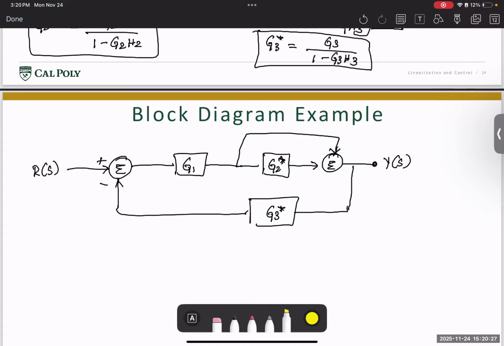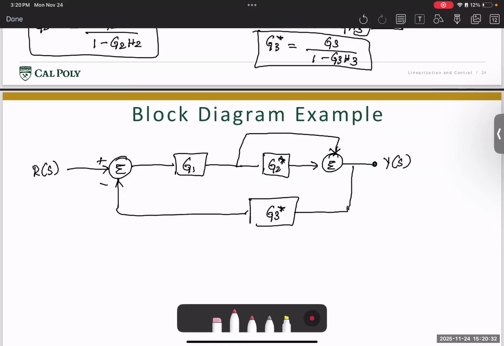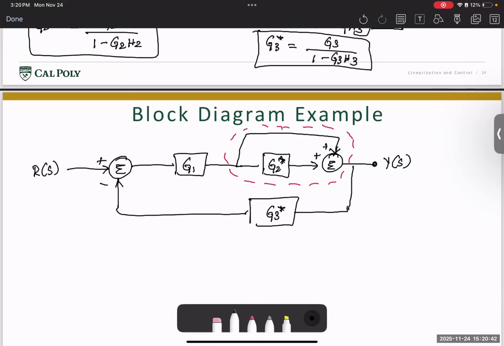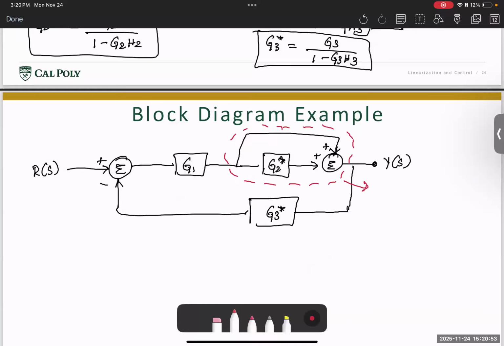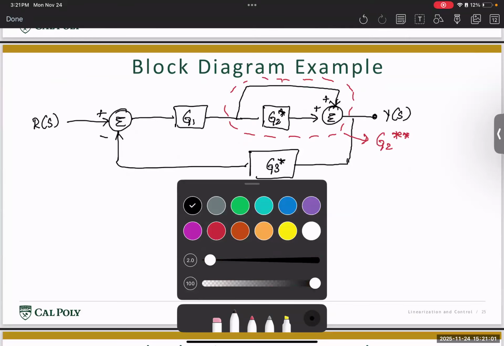All right, now what we're going to do is we're going to look at this system here, and we're going to simplify this system here. This is called a feed forward system where you're taking two inputs and then you're combining them here. So this is as good as a system where let's call this gain G2 double star. And then I'm going to write what G2 double star here is.